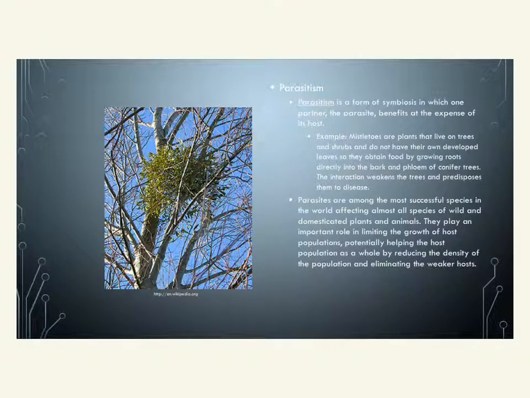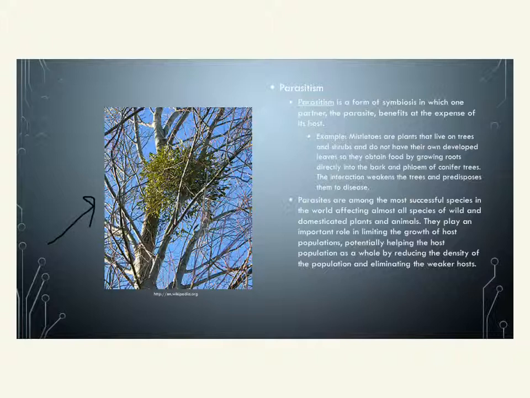So then the third type of symbiosis we'll look at is parasitism, and that is when one partner, which we refer to as the parasite, is going to benefit at the expense of the host. An example is pictured here. We've got mistletoe. So not just something you stand under and kiss at Christmas. Mistletoes are plants that live on trees and shrubs.